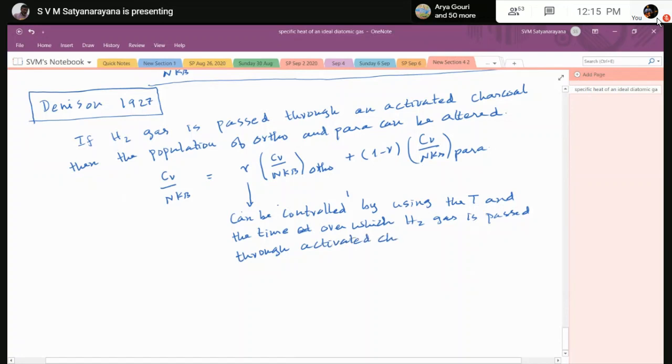And then after you do this, you remove this charcoal, and you have this hydrogen gas with a different population. Now you can do an experiment and also do theory and compare.